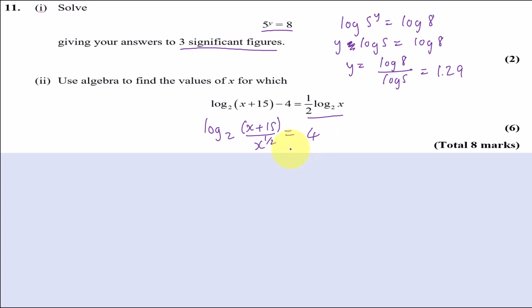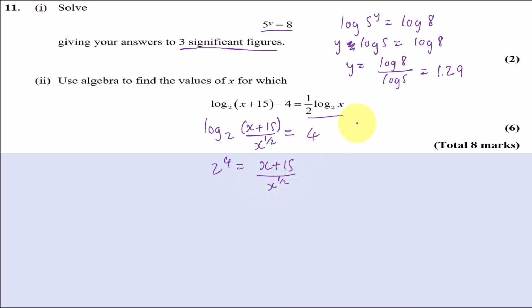Now we've got up to here, what do we remember? 2 to the power 4 equals this answer here, so we have 2 to the power 4 equals like so, x to the power of a half.